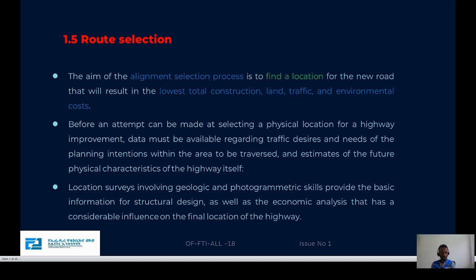Location surveys involve geological and photogrammetric skills, providing basic information for structural design, as well as economic analysis or estimates of the costs.